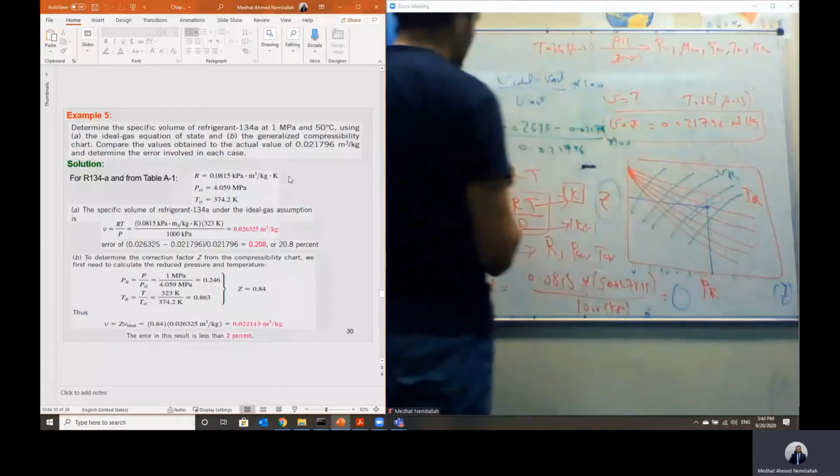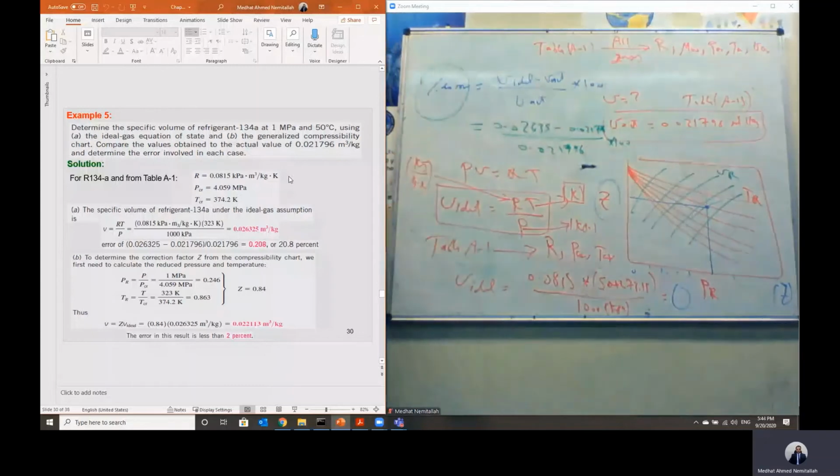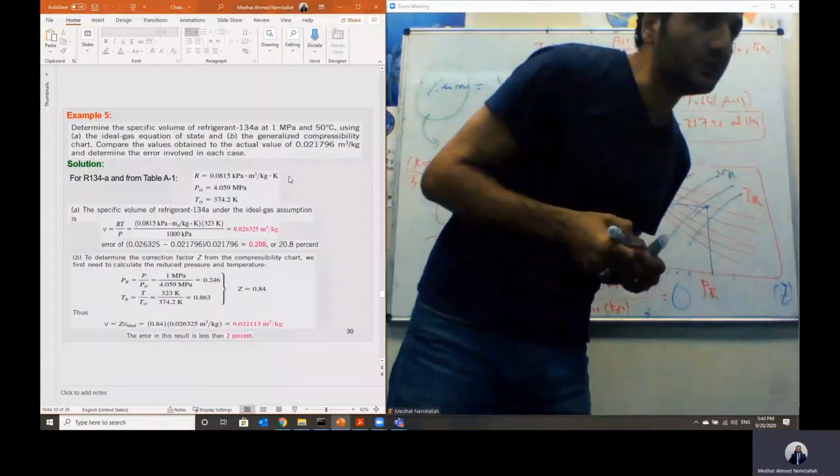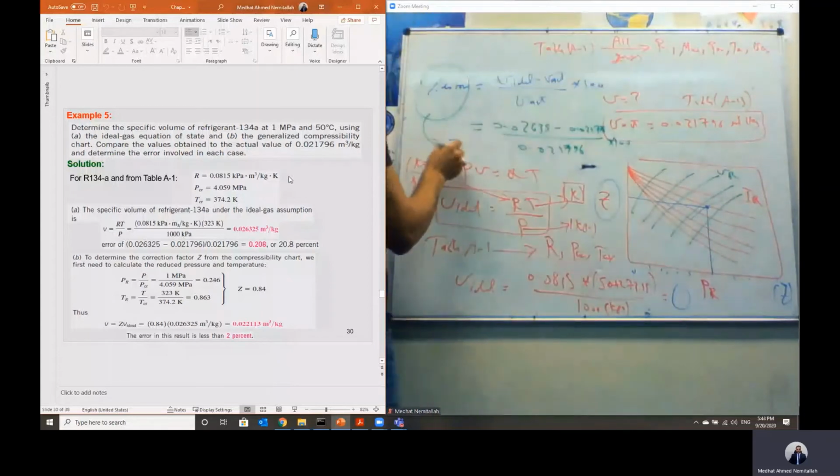Multiply this equation by 100. If you calculate the percentage error in this case, you'll find this error is around 20%, or actually 20.8%.